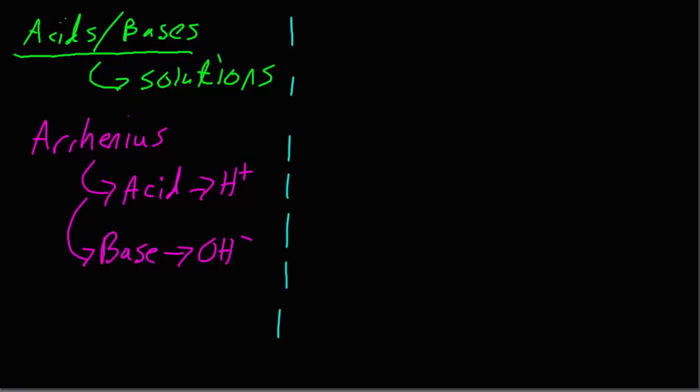If you have an acid, a common acid is hydrochloric acid, which is HCl. If it's a solution of hydrochloric acid, it will dissociate into ions. Hydrogen and chlorine are the two elements here, so it'll break apart into its two ions, which are an H plus ion and a Cl minus ion.